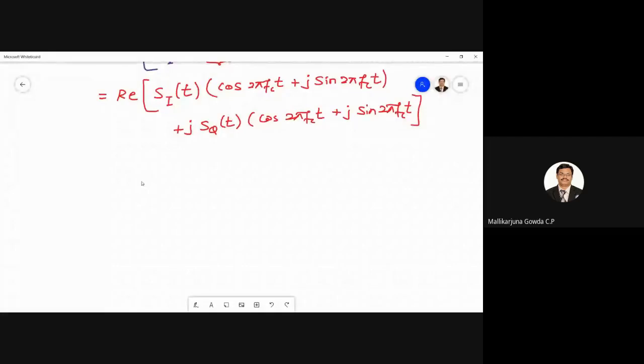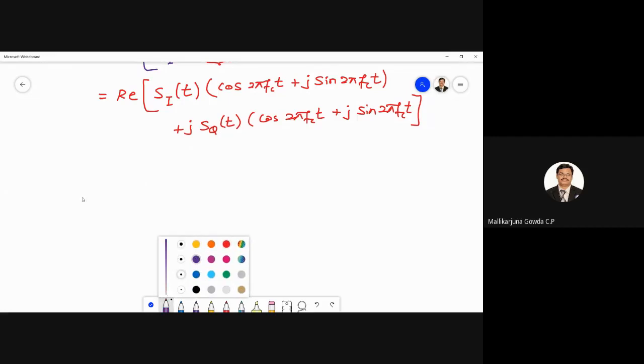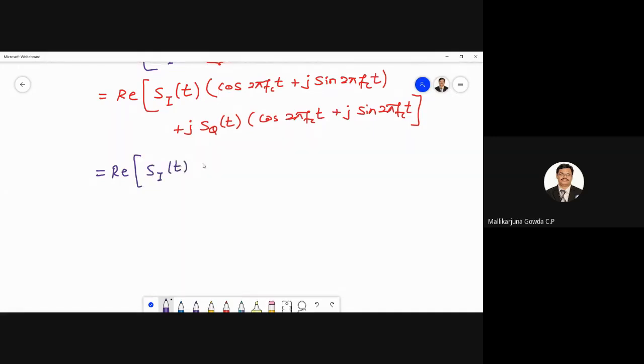So I can write next the real part of s_I of t into cos 2 pi fct, plus j into s_I of t into sin 2 pi fct.